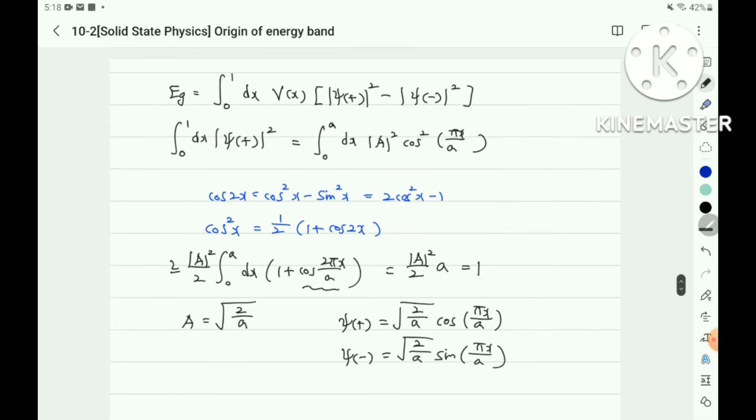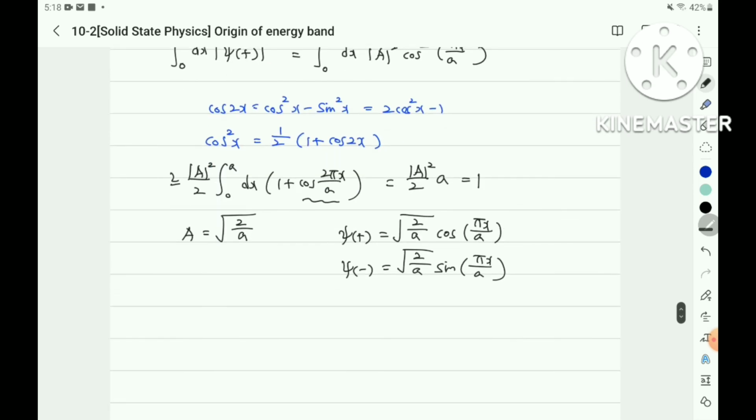Therefore, the energy difference, the energy band gap, can be calculated as 2 over a times the integral dx, where the potential is V cosine of 2 pi x over a, times cosine squared of pi x over a minus sine squared of pi x over a.